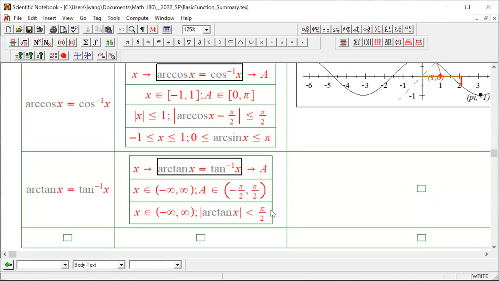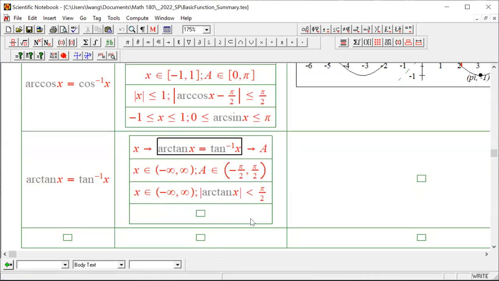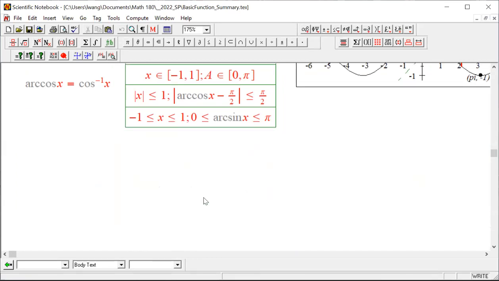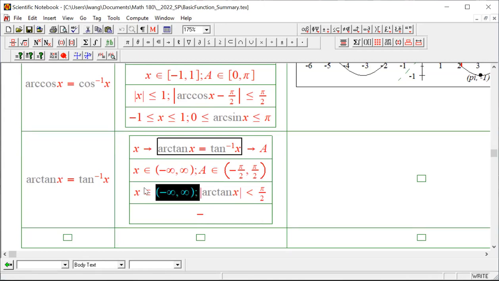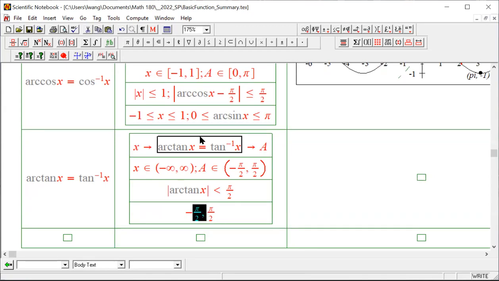For the domain, you actually don't need this because it's all real numbers. So the range is negative pi over 2 to pi over 2, and that's arctan less than pi over 2.